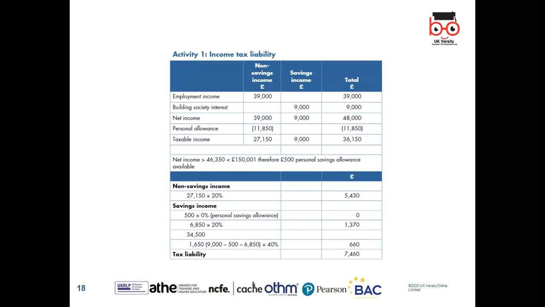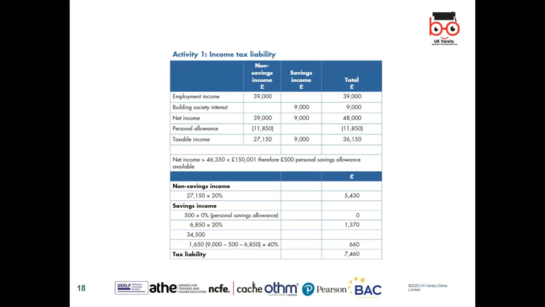After this, my employment income is 27,150, my savings income is 9,000, and my total income is 36,150. But on savings income I'm allowed a further 500 allowance, so I calculate separate tax on it. The first 500 is exempt at 0%.